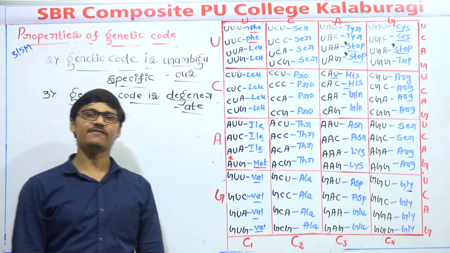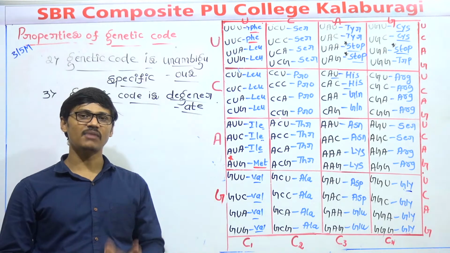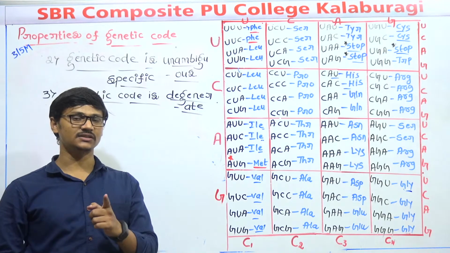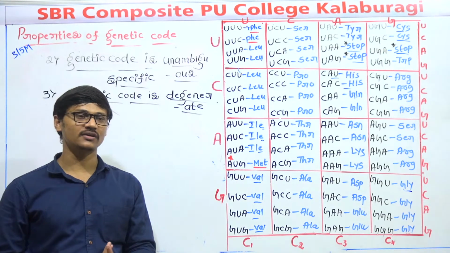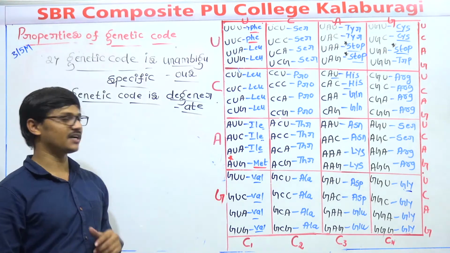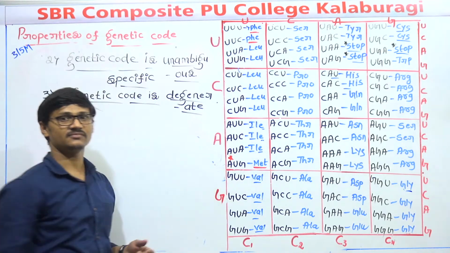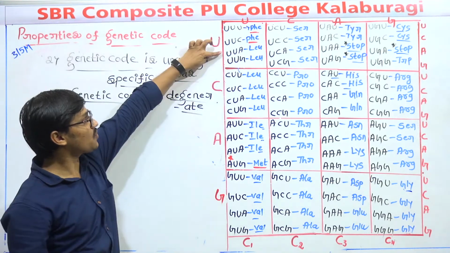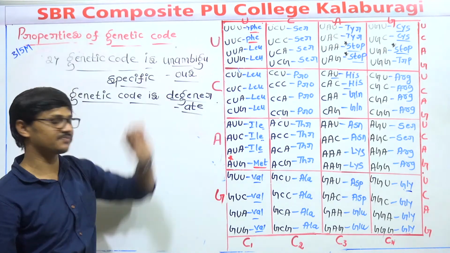What is the meaning of degenerate? Sometimes a single amino acid, one type of amino acid, is coded by more than one codon, then it is called degenerate. You can take still other examples. Say for example, leucine. Leucine is coded by, see how many codons? 1, 2, 3, 4, 5, 6.